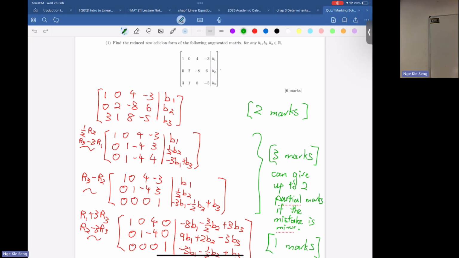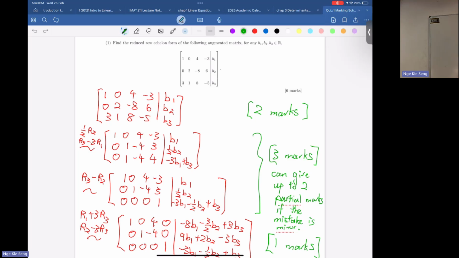Continue until you find the last pivot. Then you start making 0 above the pivots. Does it make sense? I think about one or two of you are still confused about row reduction. So please follow the algorithm. So how do I give marks?